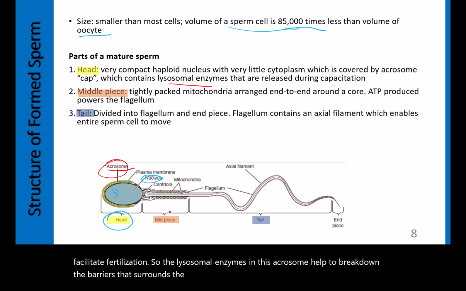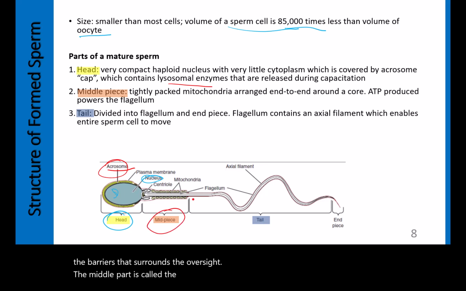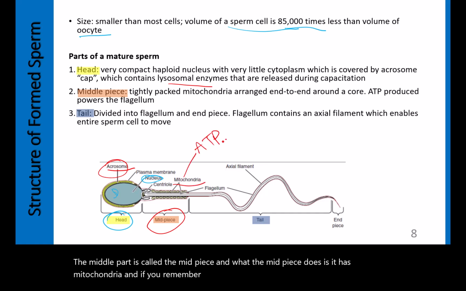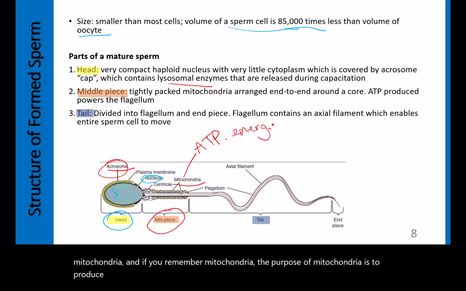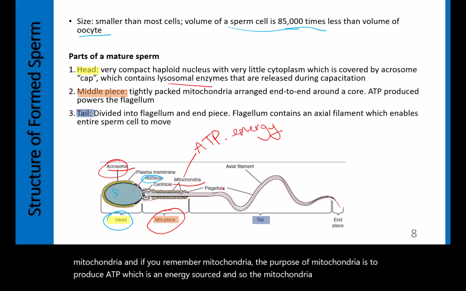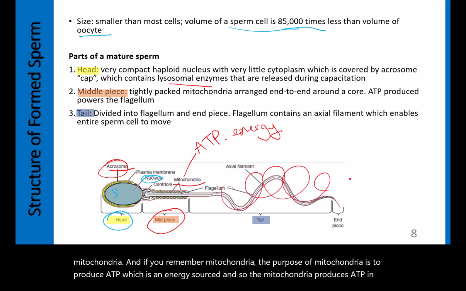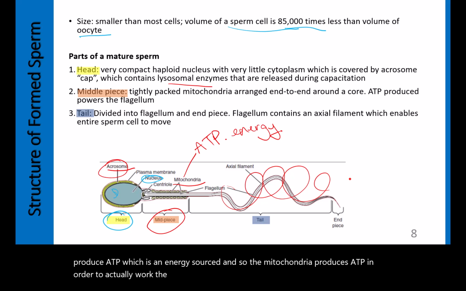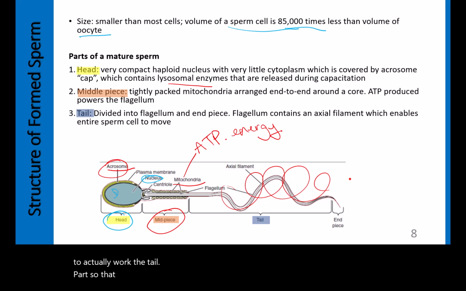The middle part is called the midpiece. The midpiece has mitochondria, whose purpose is to produce ATP, an energy source, to work the tail so that the sperm can swim. Then the third part is the tail.